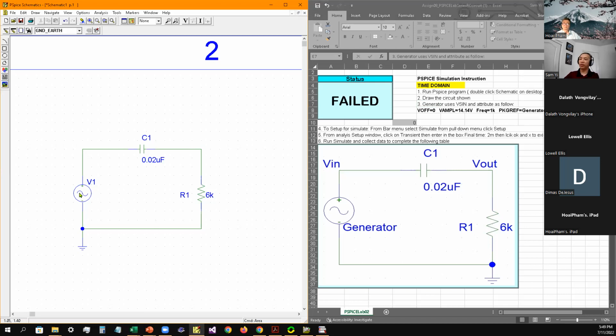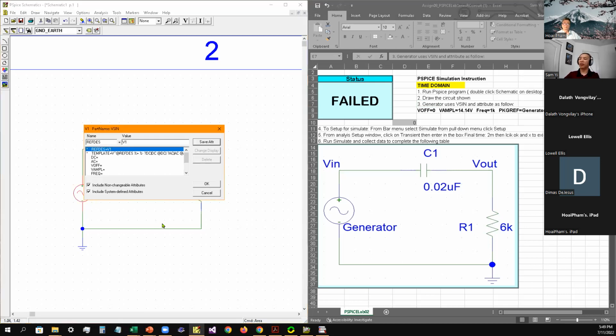Now for the generator, you have a lot more things to do in number 3 there. Click on the generator here and click on the attribute we need to set up. Choose VOFF, then come up here and type in the value 0. You can press Enter or you can press Save Attribute; either one is fine.